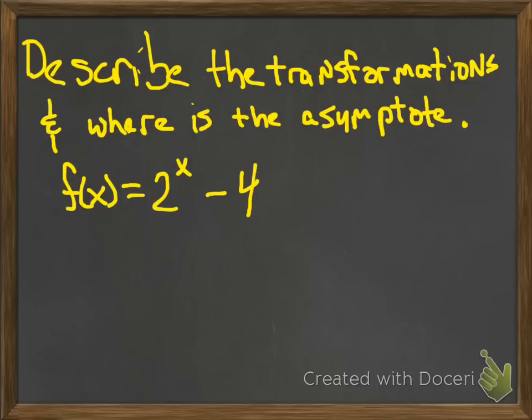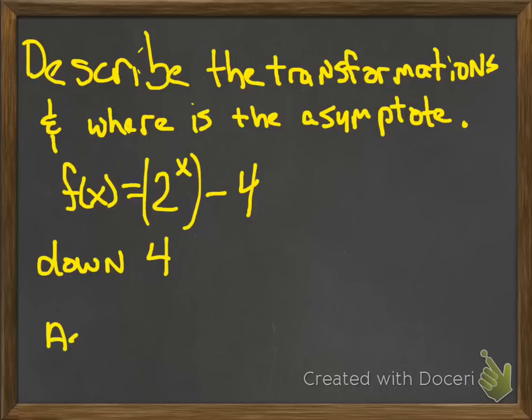The first example here is f of x is equal to 2 to the x power minus 4. Okay, so again, this right here is part of the parent function, so we don't need to worry about that. So if you notice, that's like saying this was in parentheses, and the minus 4 is outside of that. So what does that do? It moves us down 4.